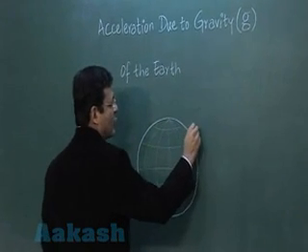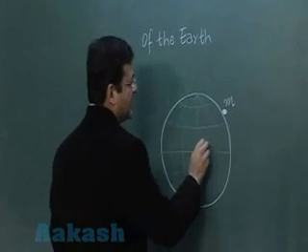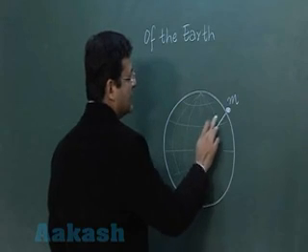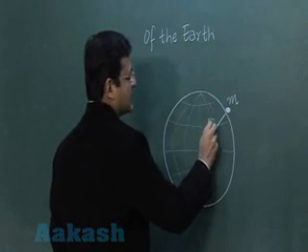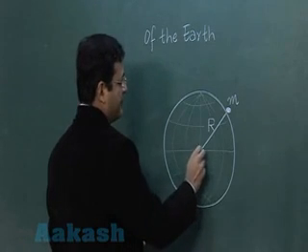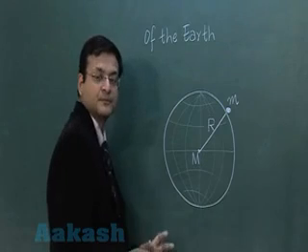Say any mass small m is kept on the surface of the Earth, and the distance between the center of the Earth and this mass is, say, capital R, and the mass of the Earth I am calling capital M.